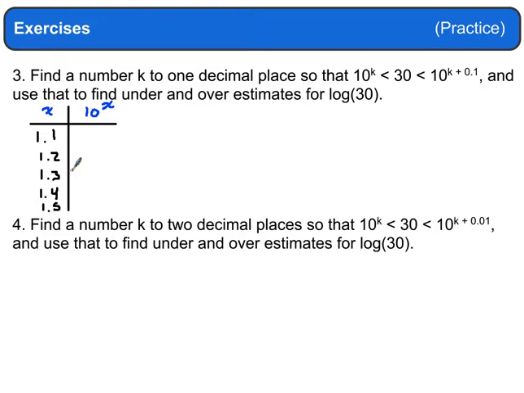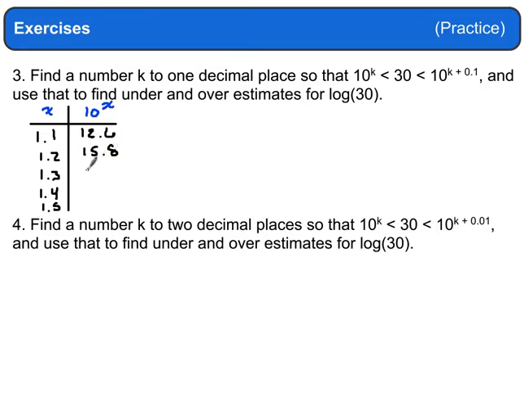We're doing this with a calculator, so you may want to have a calculator handy, so that you can type in 10 to the 1.1 power. When you do that, you're going to get 12.5 or 12.6. If we did 1.2, we're going to get 15.8.